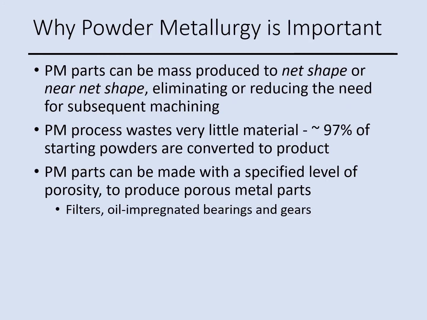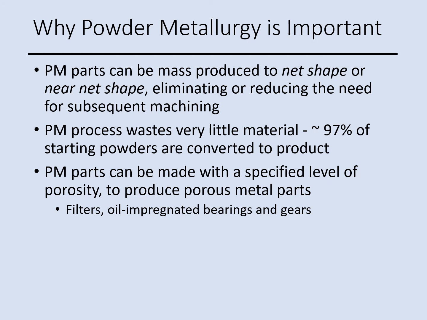PM, or powder metallurgy, is important for a couple of reasons. First, PM parts can be mass produced, and they can be produced to net shape or near net shape, which can eliminate the need for machining processes.